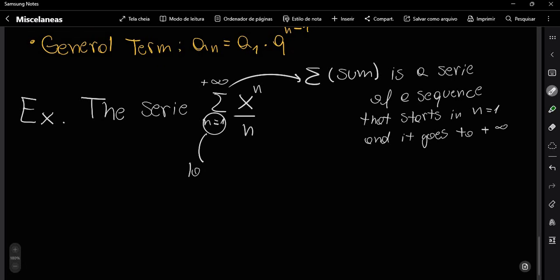This is the lower limit, and this is the upper limit.